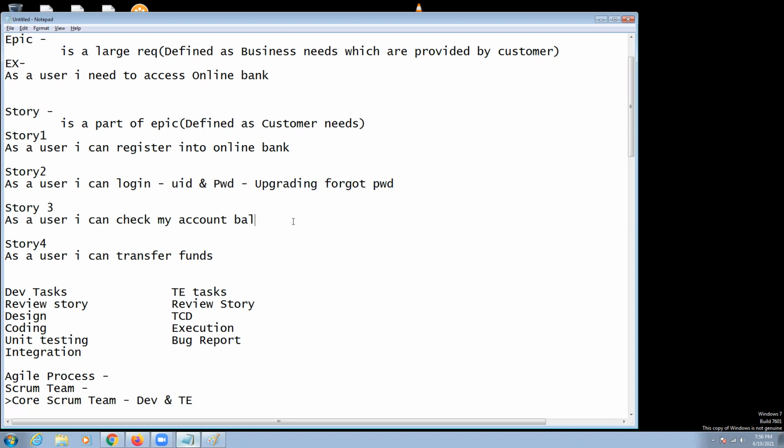If I'm trying to check my balance, that is talking about a savings account. Later I want to add a current account also. A user can open a savings account or a current account, it does not matter. When he enters an account number, he is going to check his savings account, or in this case a current account number.